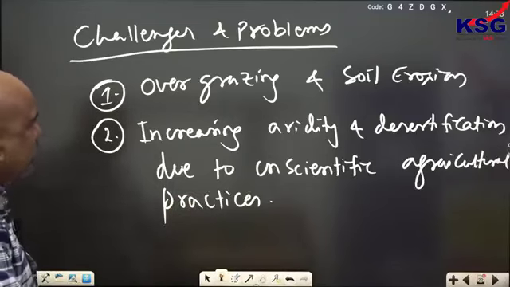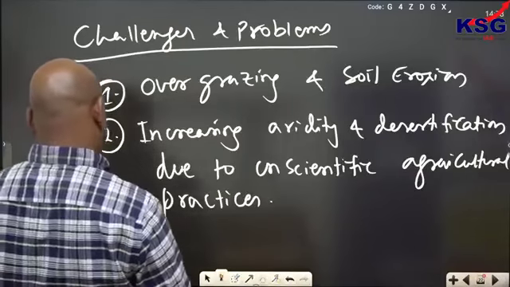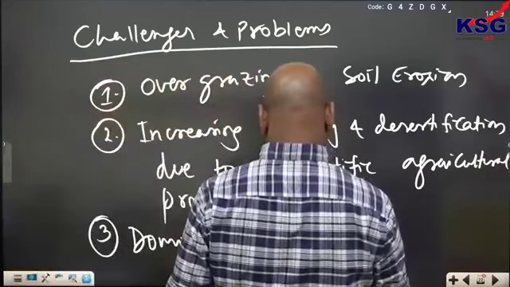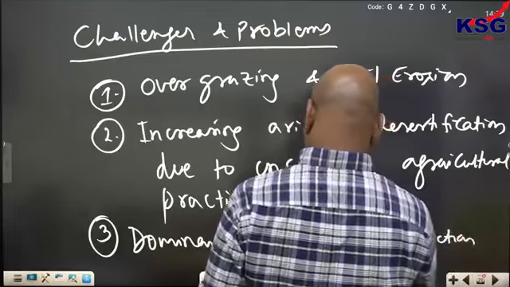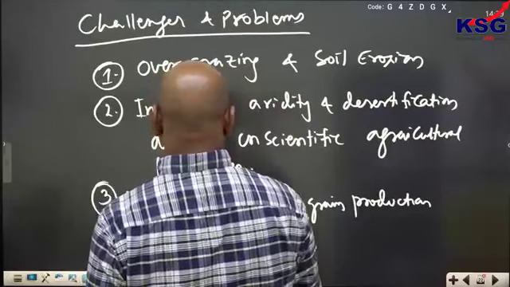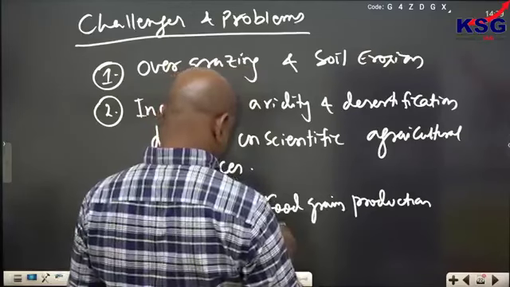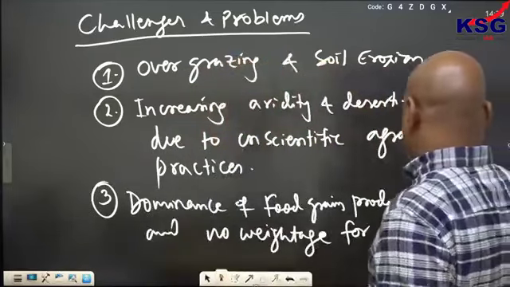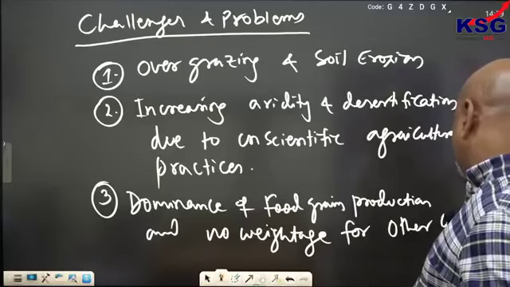Okay. Another challenge or problem here is the dominance of food grain production and no weightage for other crops. यहाँ पे क्या है कि this is a problem here.